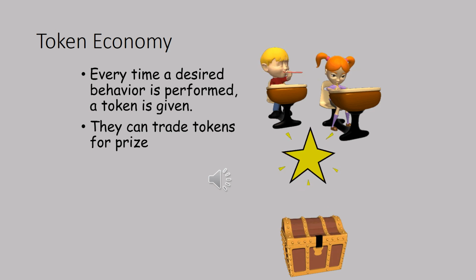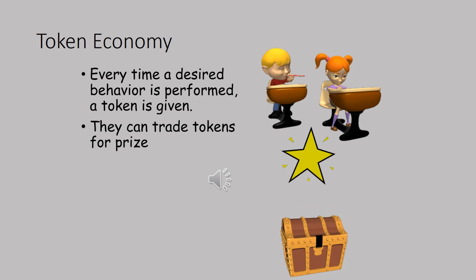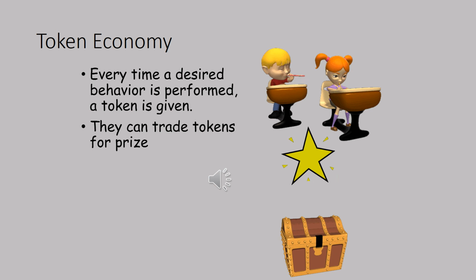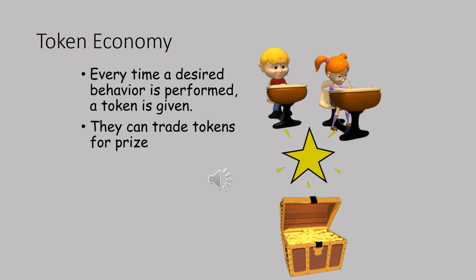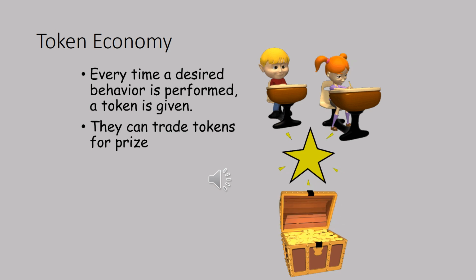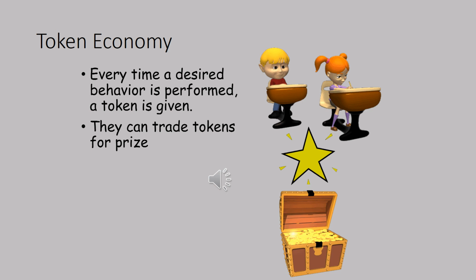And after so many that has been predetermined, they can cash them in for a prize. This is a type of behavior modification. So a child in kindergarten may have a treasure box, and they get a check mark for appropriate behavior Monday, Tuesday, Wednesday, and Thursday. They can then get a prize out of the treasure box on Friday.